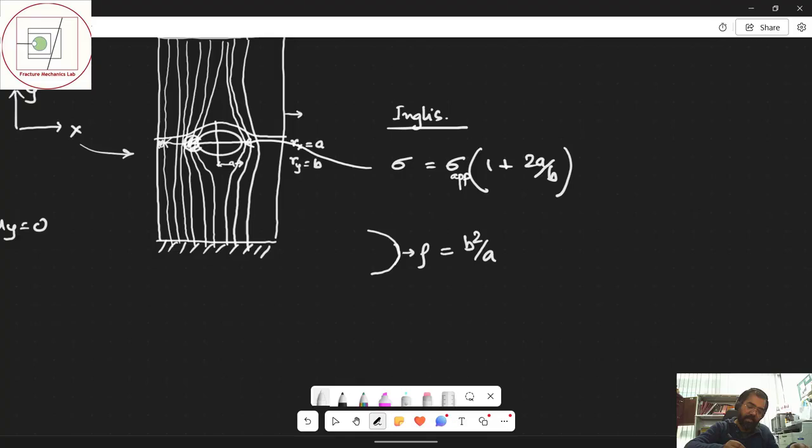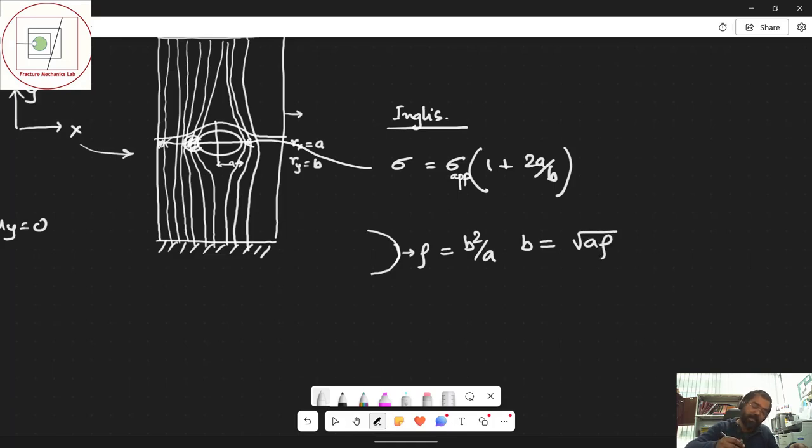So I can put b equal to the square root of a rho.